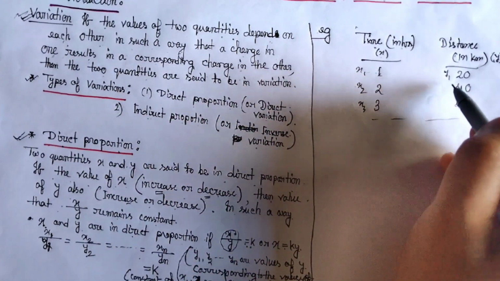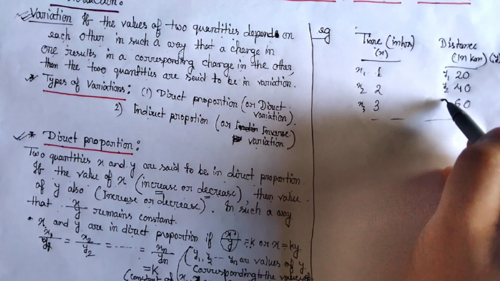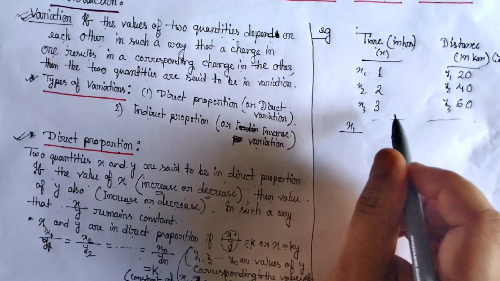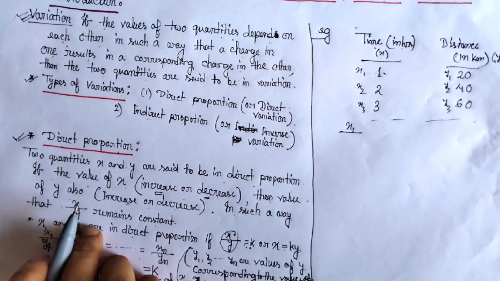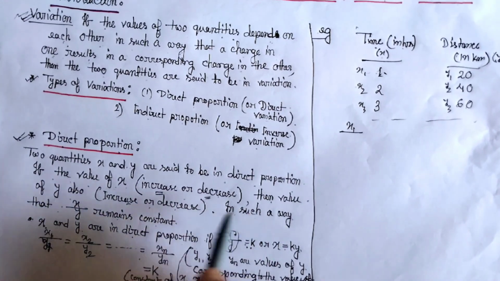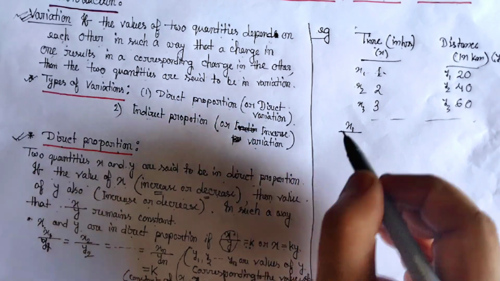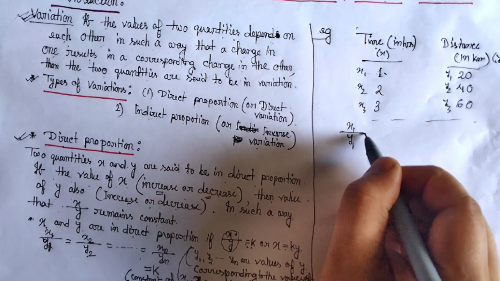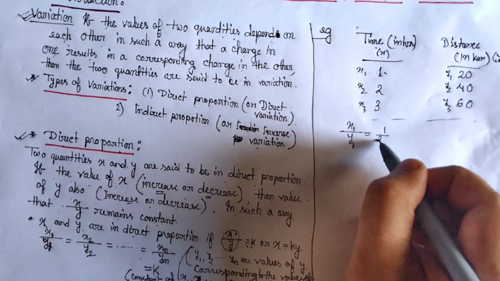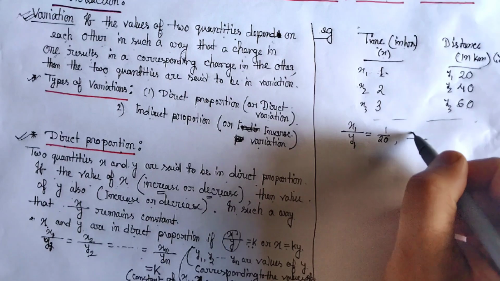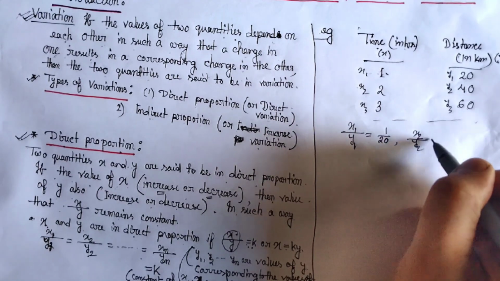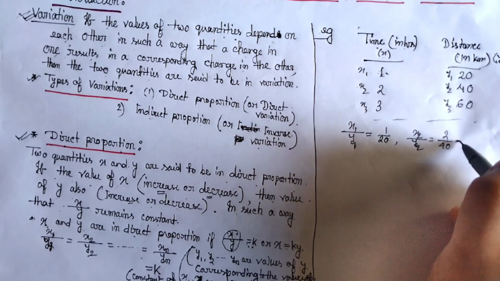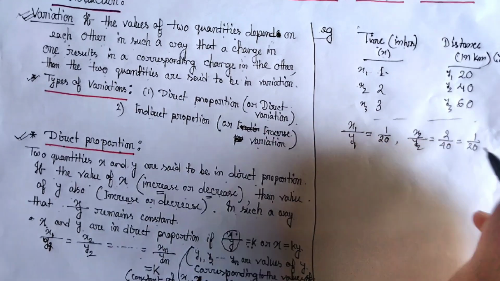Again y1 is 20, y2 is 40 and y3 is 60. So here if the ratios are the same, then there is a direct variation. That means direct proportion. Suppose the ratio is the same, then x1 upon y1 equals 1 upon 20. Again x2 divided by y2, we get 2 by 40, so also 1 by 20.